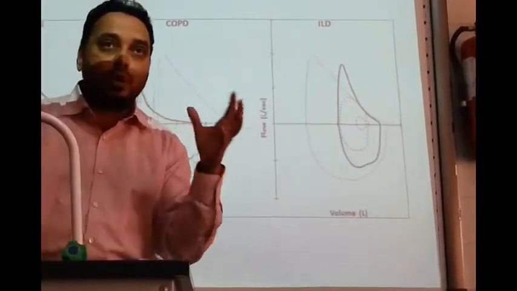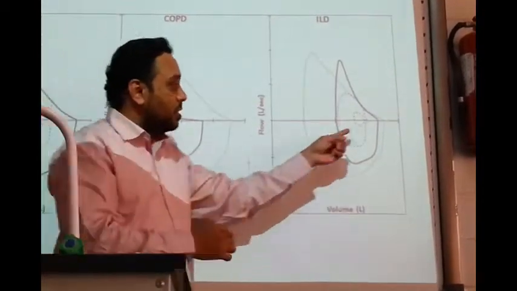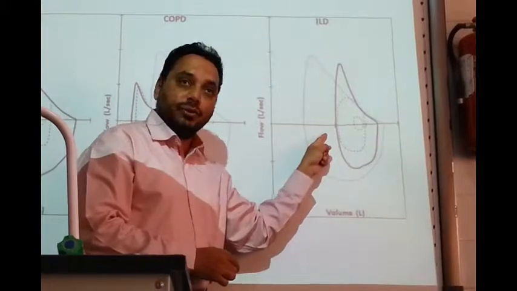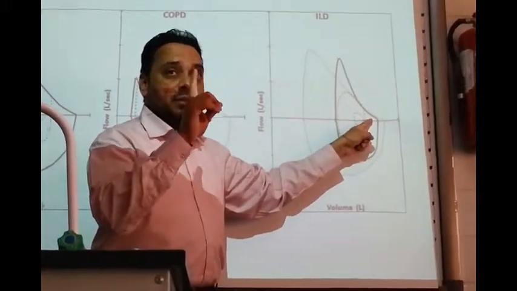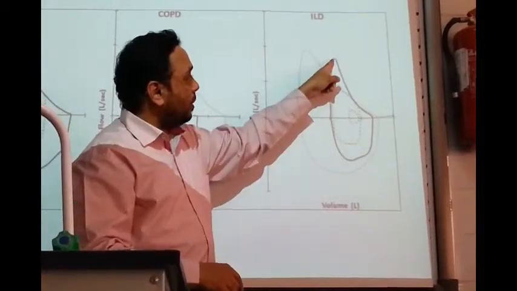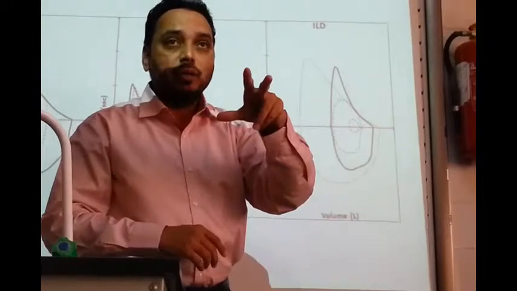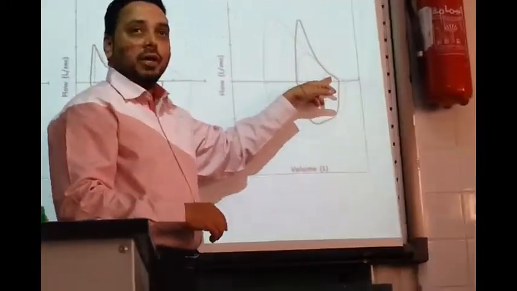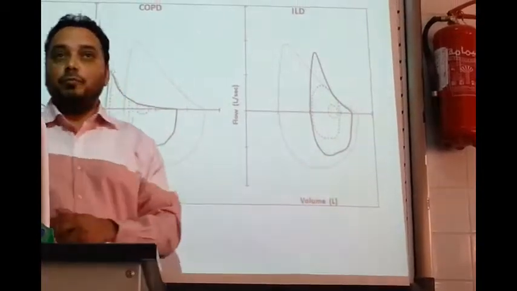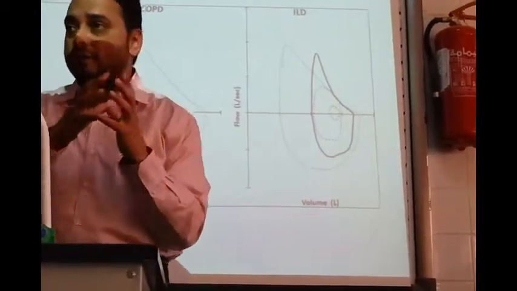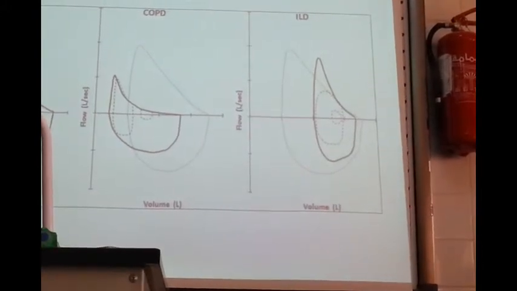It is not able to comply, it is not able to expand. So it will change the inspiratory phase and it will change the expiratory phase. But the volume of air that is going out and the shape of expiration is remaining the same. In expiration there is no problem, but in inspiration there is a problem. Why? Because the lungs are not able to expand, because there is restriction from within.